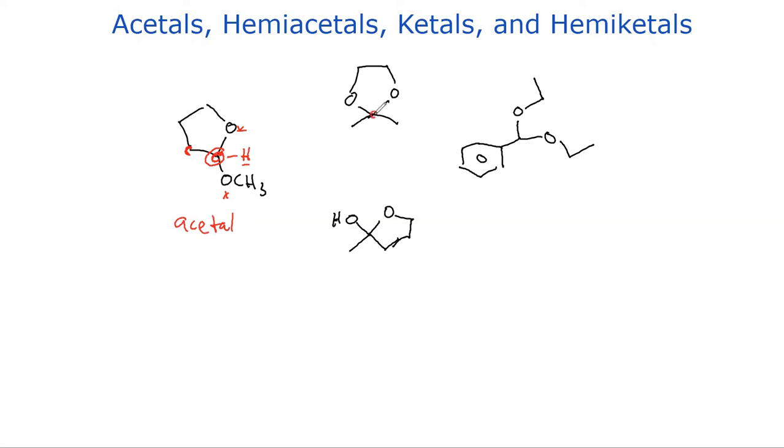In this molecule, by contrast, we have carbons on both sides, so we're looking at a ketal or a hemiketal. Our oxygens both have carbons attached to them, and so we're looking at a ketal. This one in particular is cyclic.